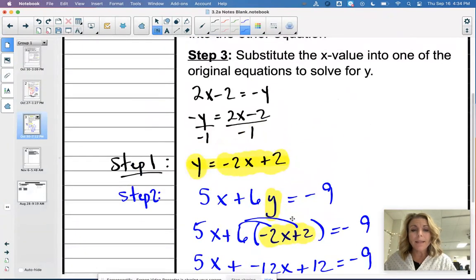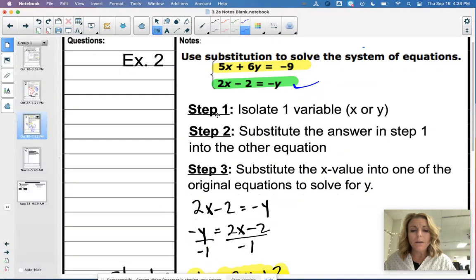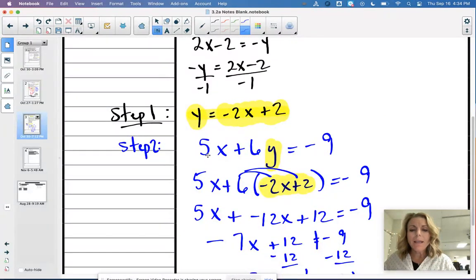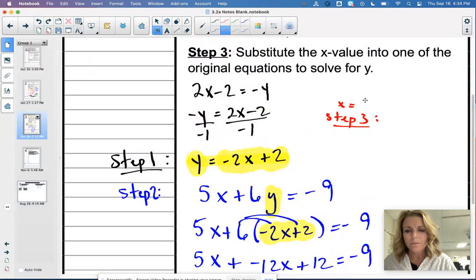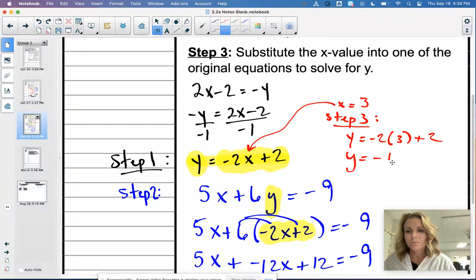I said go back to step 1 and take the x value and plug it into the step 1 equation. That's what our step 3 is. I'm going to take my x equals 3 and plug it in right there. So y equals negative 2 times 3 plus 2, y equals negative 4.